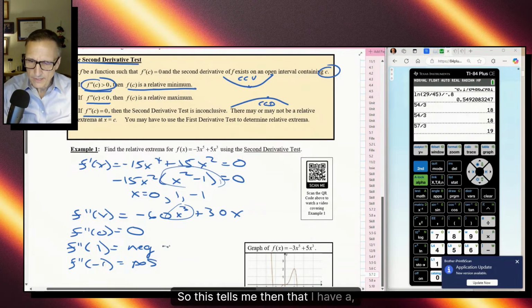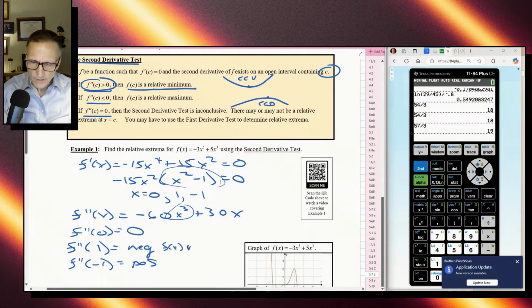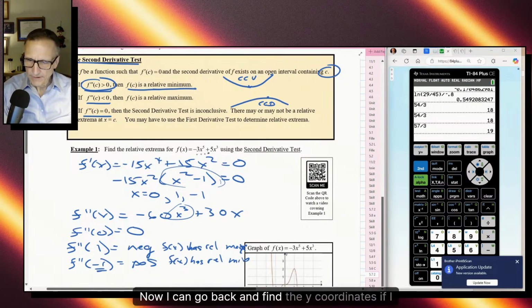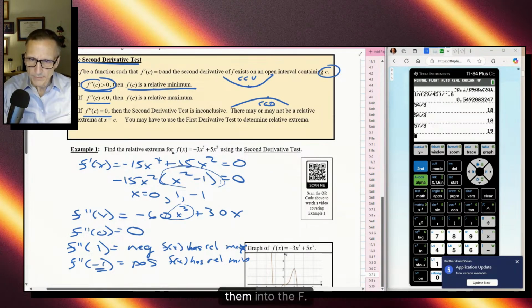So this tells me that f of x has a relative max at x equals 1, and f of x has a relative min at x equals -1. Now, I can go back and find the y coordinates for the relative max and min by plugging them into f of x.